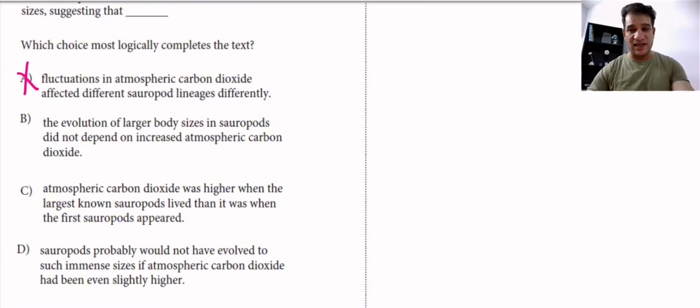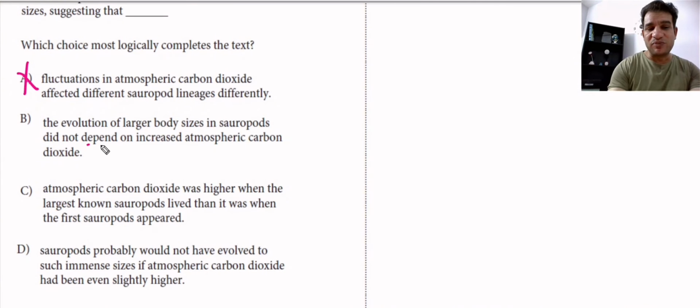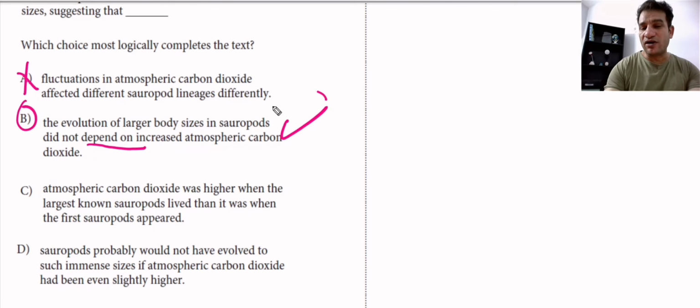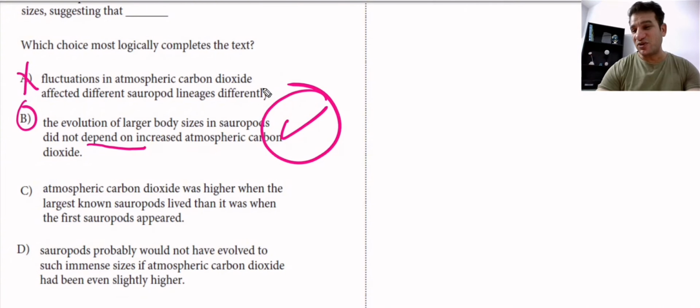The test phrase is that there is no connection between the big size of those dinosaurs and the increased level of carbon dioxide in the atmosphere. B says the evolution of large body sizes in sauropods did not depend on increased atmospheric carbon dioxide levels, and this is a very good match to our test phrase. So B is the correct answer.